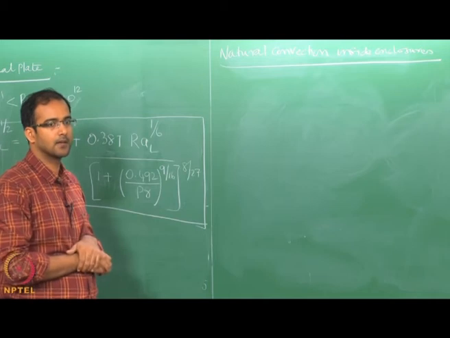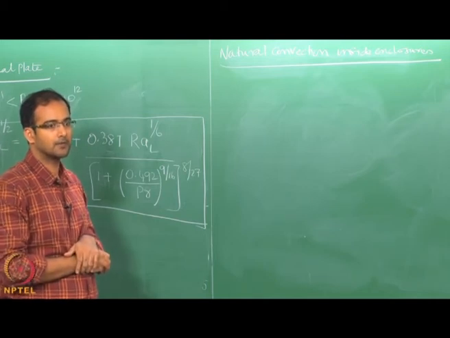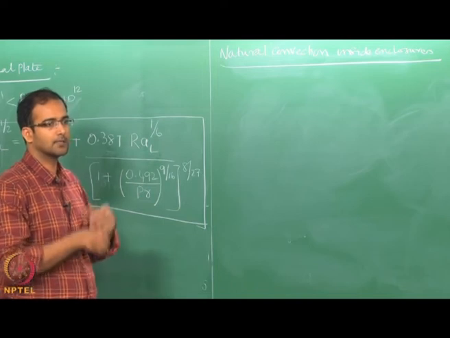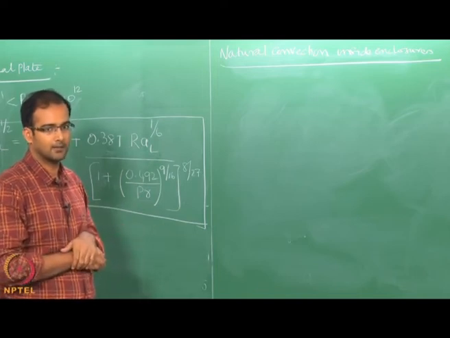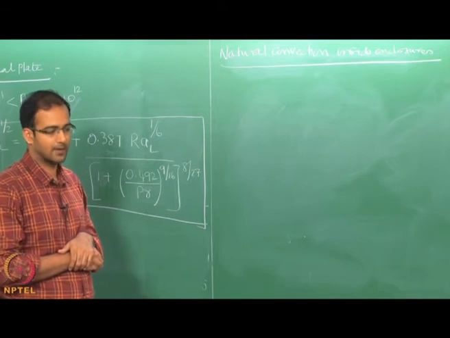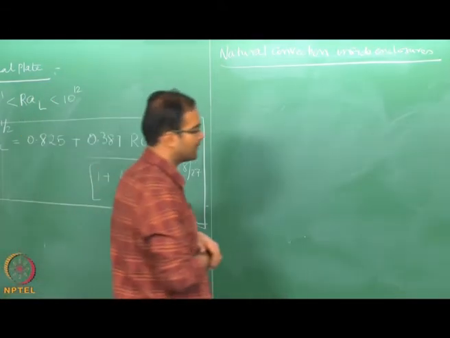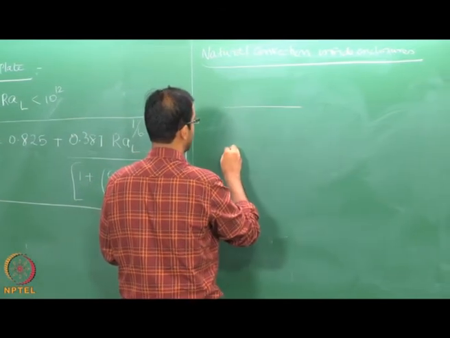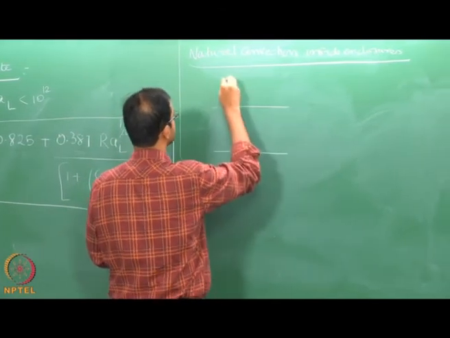We did external natural convection in detail because of the availability of solutions, but the more interesting phenomena occur when you have natural convection in cavities. So, one of them is that you can have two parallel plates in a 2D configuration.